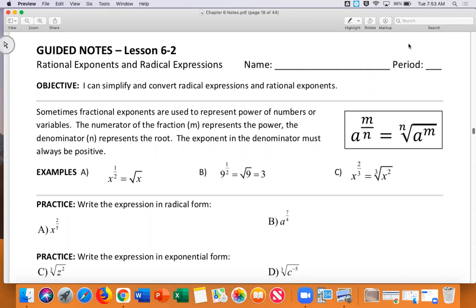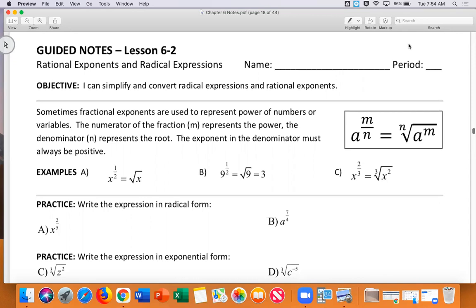Examples of it would be x to the 1/2. This would be the square root of x. But notice I don't have a number outside of that. It's implying that it's the square root, which is like a 2. 9 to the 1/2 would be the square root of 9, and that's 3.